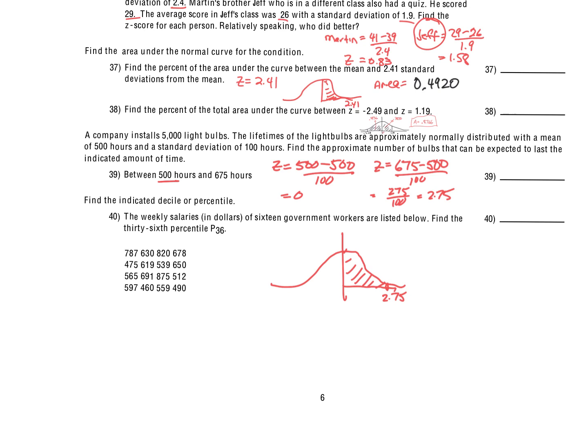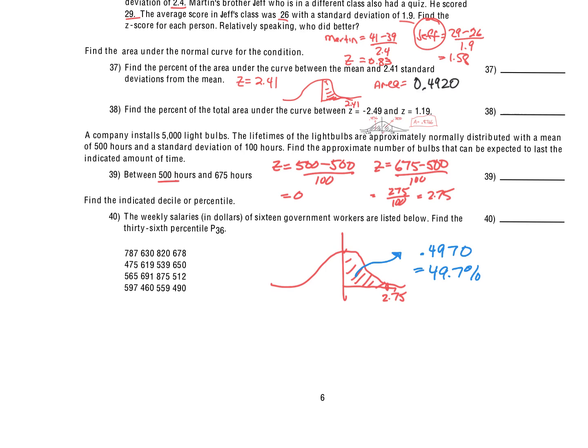Looking up 2.75 on our table, we'll get 0.4970. So that means as a percent, that's a 49.7% chance of getting a light bulb that would be expected to last between 500 and 675 hours.